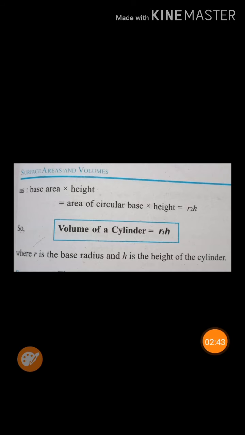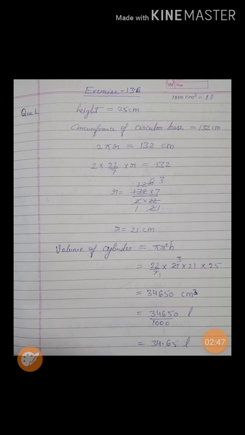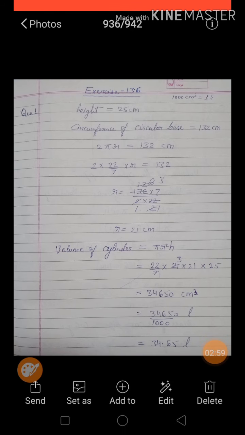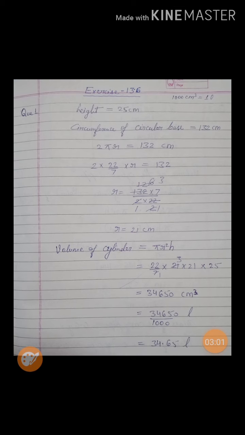Now open your book, exercise 13.6. The first question is: the circumference of the base of a cylindrical vessel is 132 centimeter and its height is 25 centimeter. How many liters of water can it hold? What is given in the question?